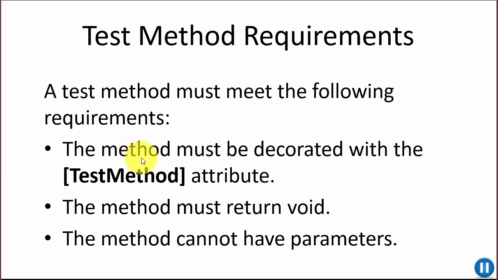All the test methods need to be decorated with the TestMethod attribute. The method must return a void value, and the method cannot have any input parameters. So these are the requirements for creating test methods inside Visual Studio and also in other unit test frameworks.